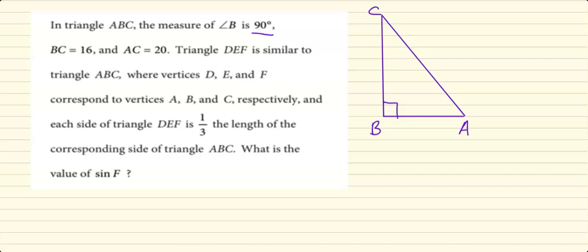We've got AC is equal to 20 and BC is equal to 16. Now, even if I reverse the A and the C, I'm still going to have the same value there for the hypotenuse.